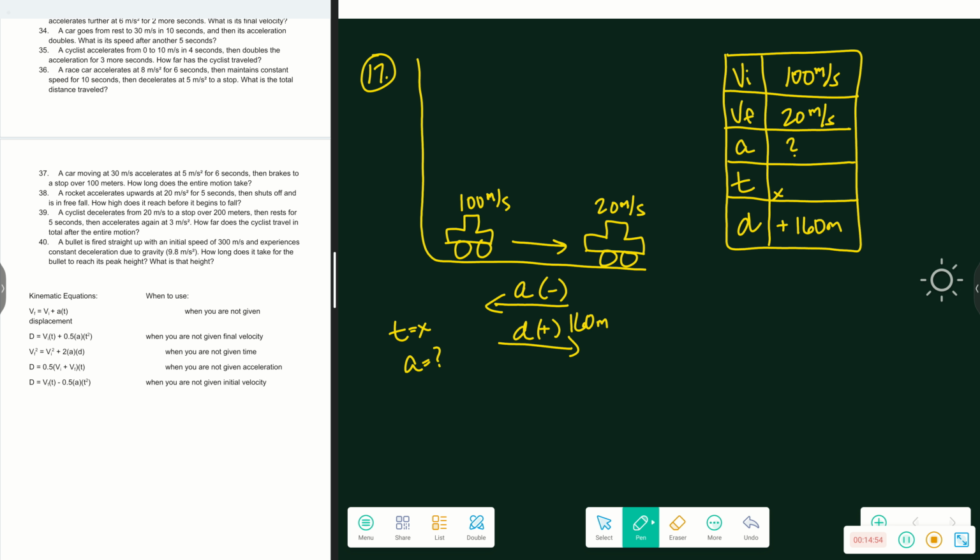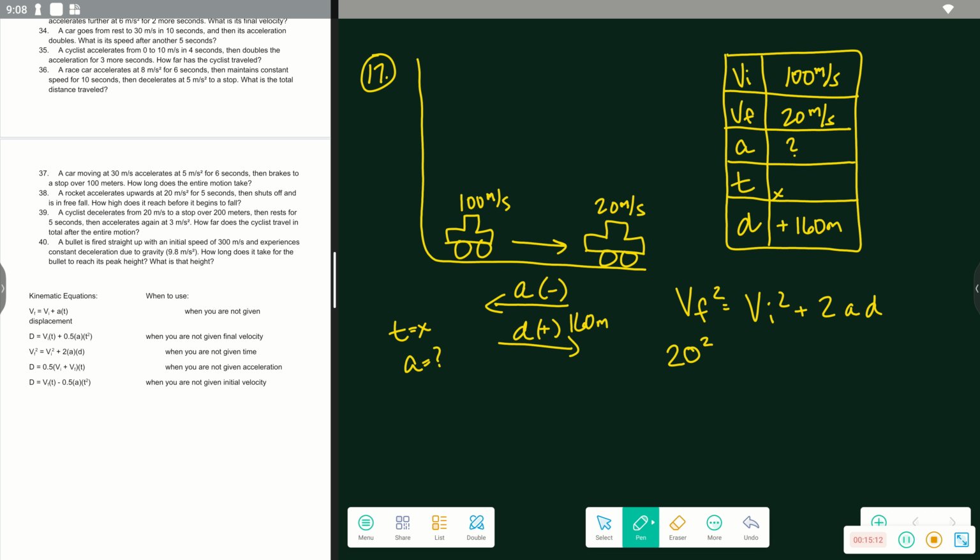Well, we have VI, we have VF, we have D, and we need to solve for A. So VF squared equals VI squared plus 2 times A times D. 20 squared equals 100 squared plus 2 times 160 times A. So this is 400.